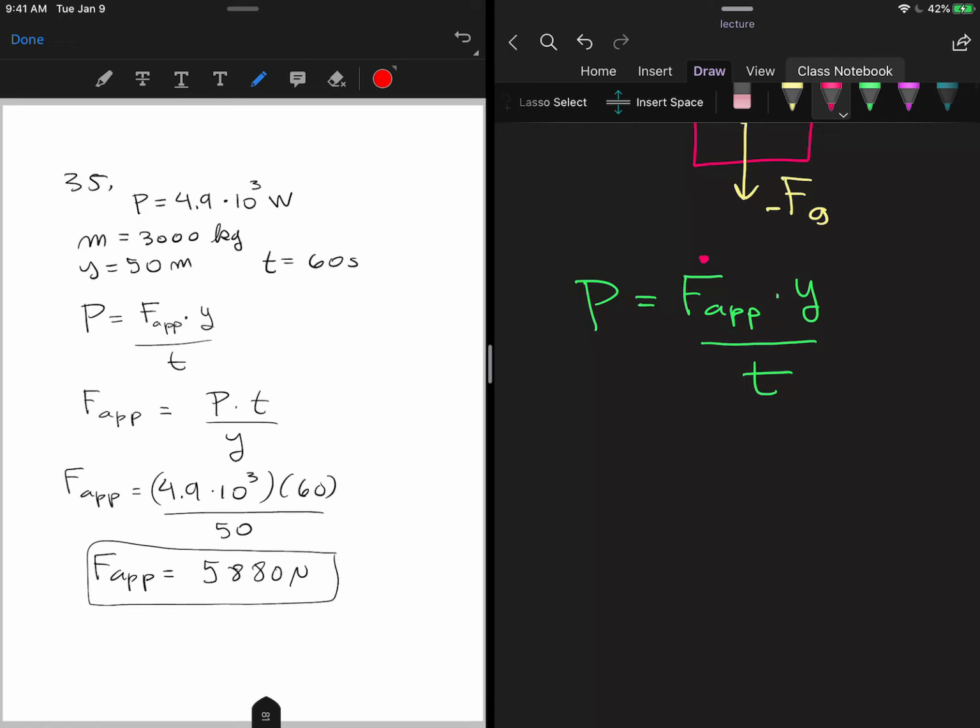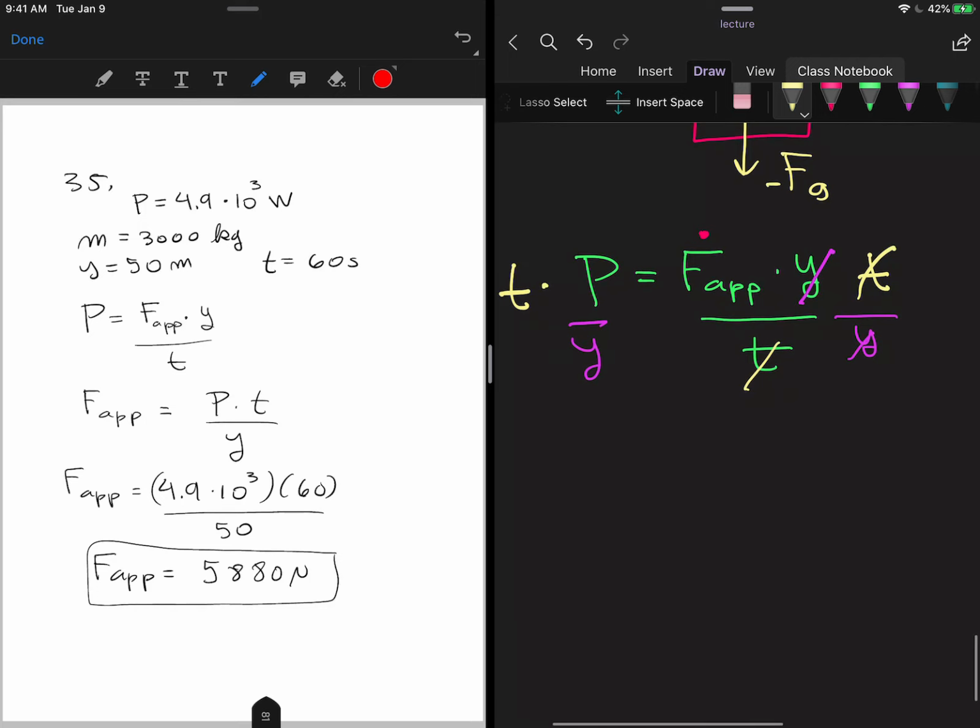Since y is on the top, we'll divide by y on this side, and we'll divide by y on that side so that they cancel. And since t is on the bottom, we'll multiply this side by t and multiply that side by t so they cancel. And what you're left with is the power multiplied by time divided by the height is going to equal the applied force.